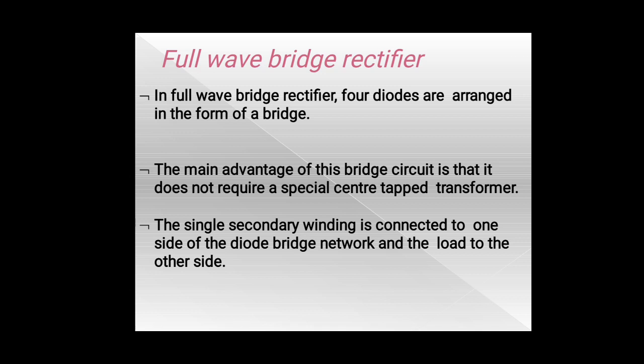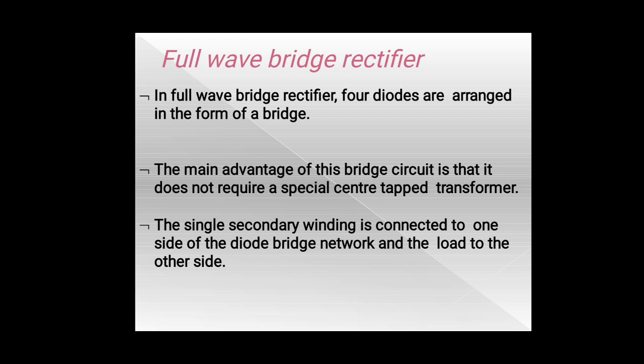In this full wave bridge rectifier, two diodes work at a time during the positive half cycle and two diodes work during the negative half cycle. The main advantage of this bridge circuit is that it does not require a special center tap transformer.